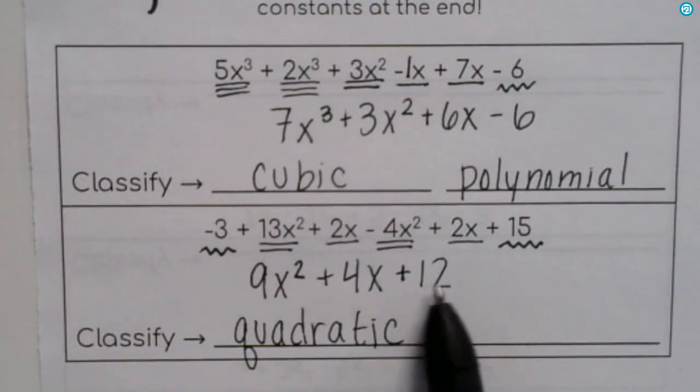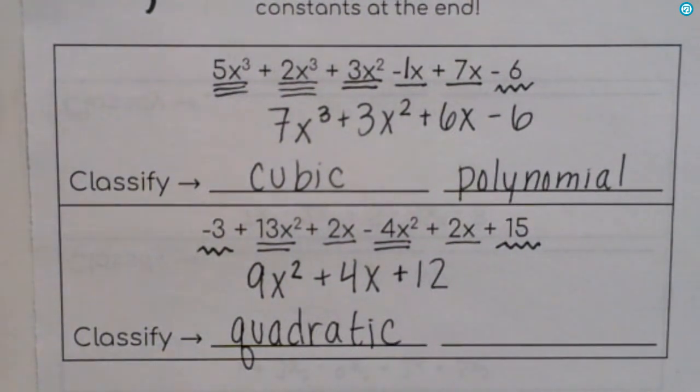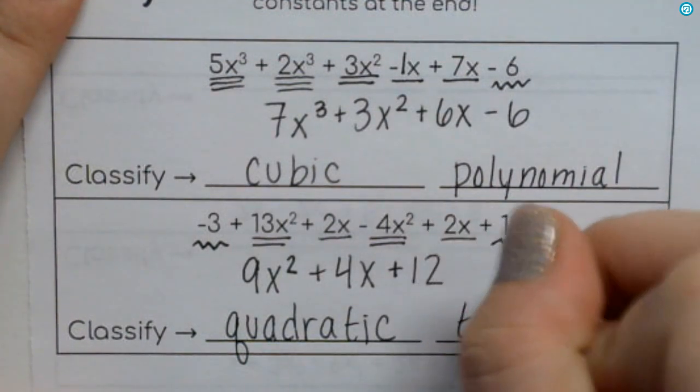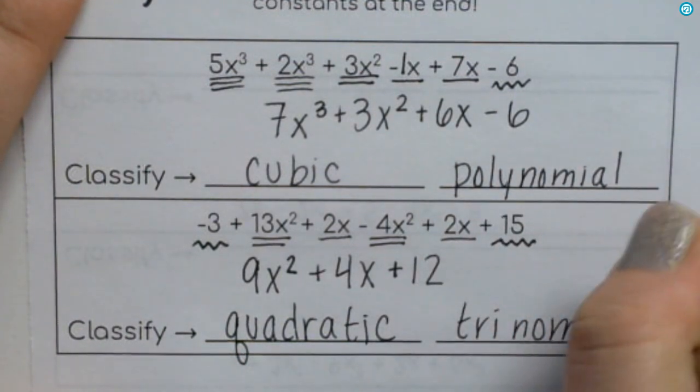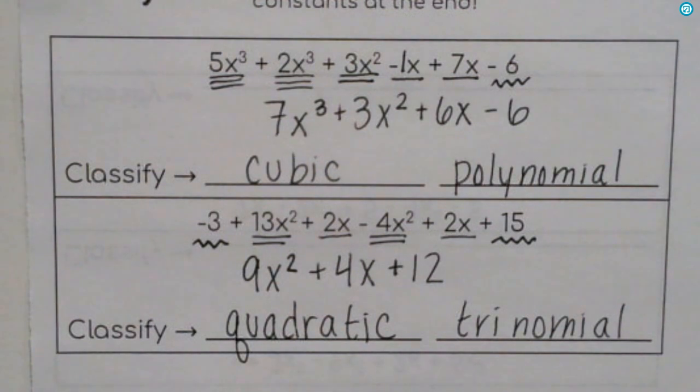We've got 1, 2, 3. 3 is tri, so it's a trinomial.